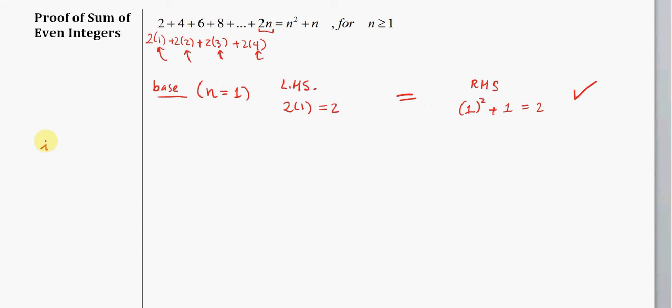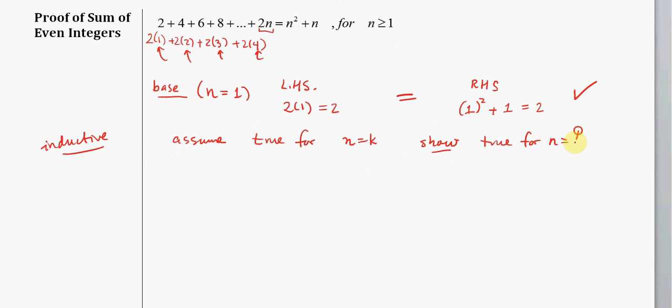Now let's get to the inductive step. Well, again, we want to assume that the formula is true for n equals k, and then show that it's true for n equals k plus 1.